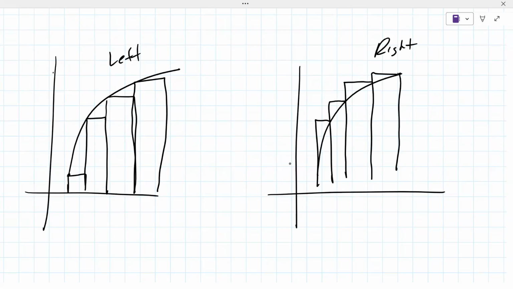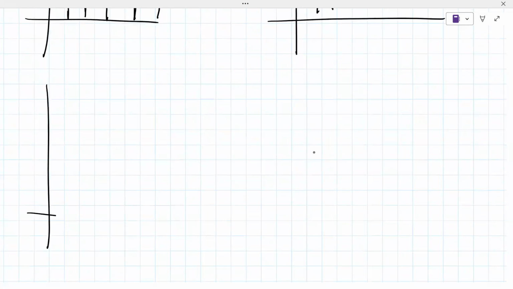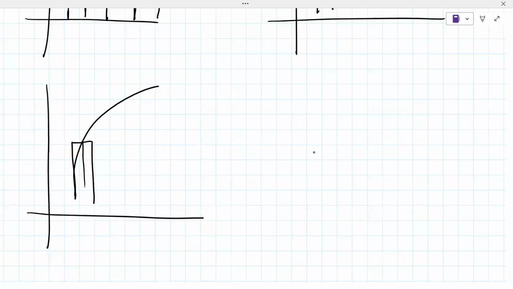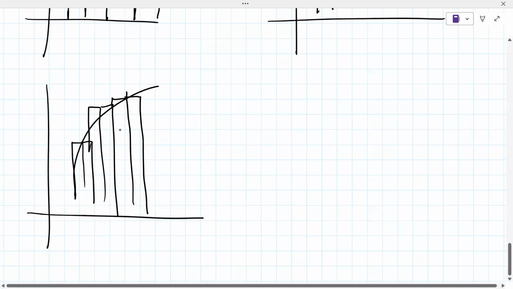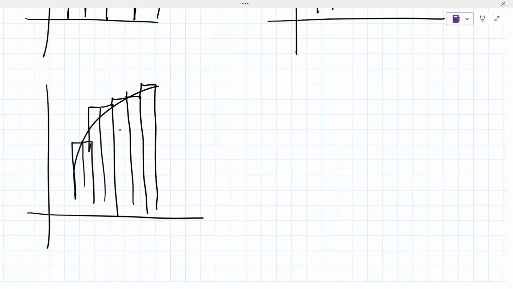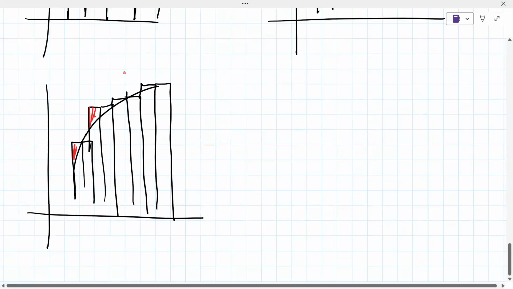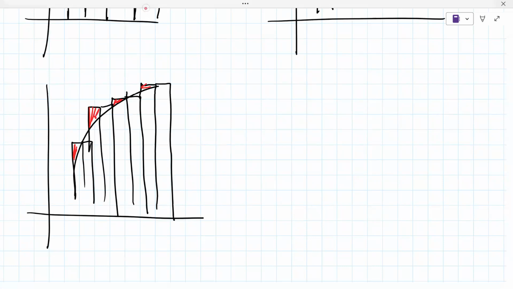Now where it gets more difficult is midpoint. I haven't drawn this very well, but you basically go up and hit the curve and then go left and right. And so you're deciding, well, we've got some areas above the curve, but then we've got some areas that are below it.